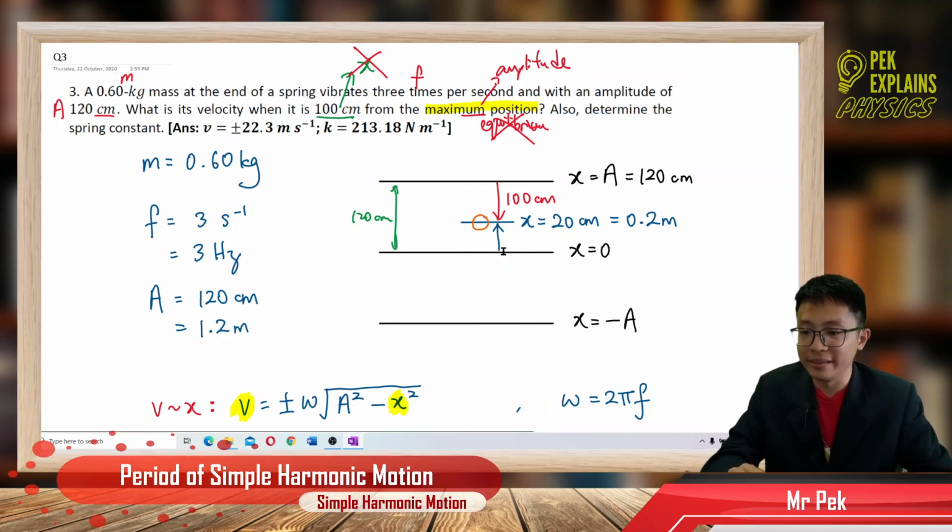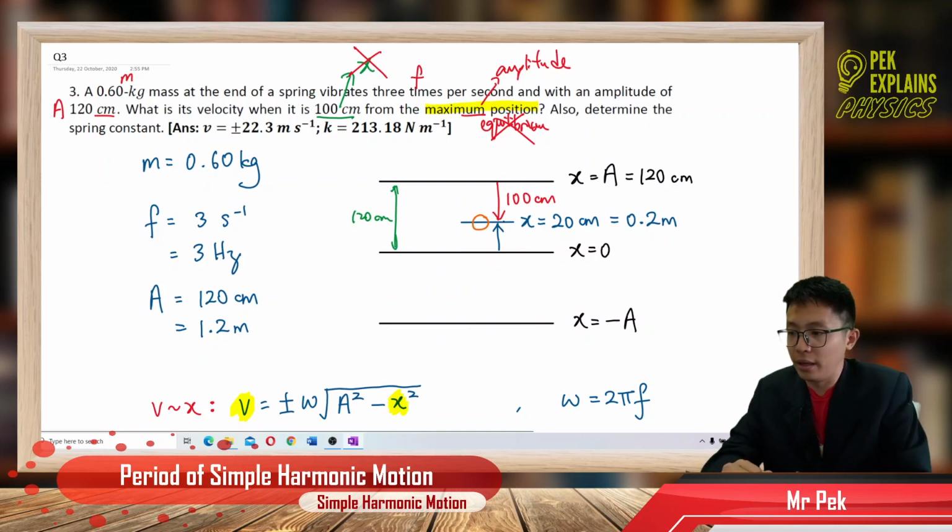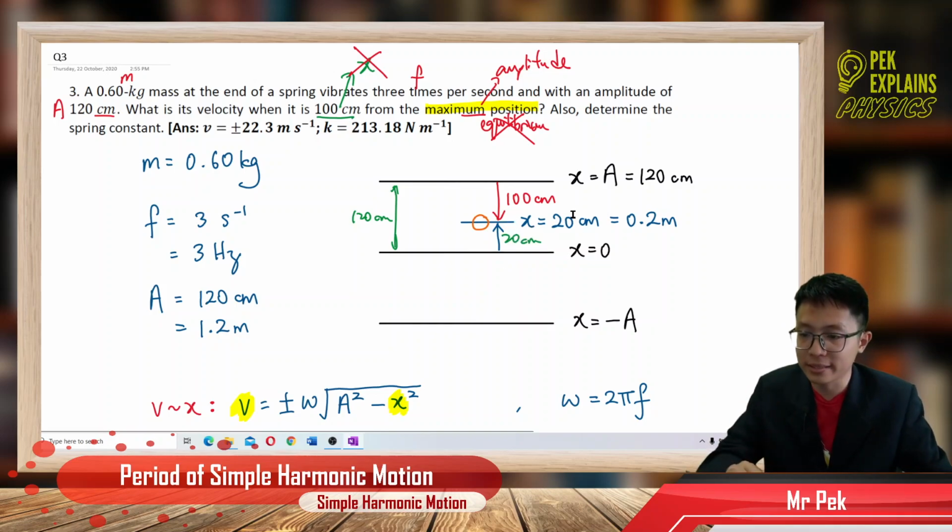So our displacement from the equilibrium is actually only 120 minus 100, which is only 20 cm. So our x is actually 20 cm, which is also 0.2 meter from equilibrium.